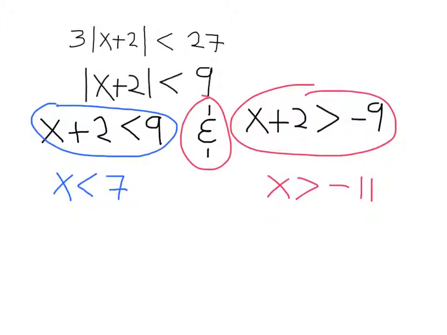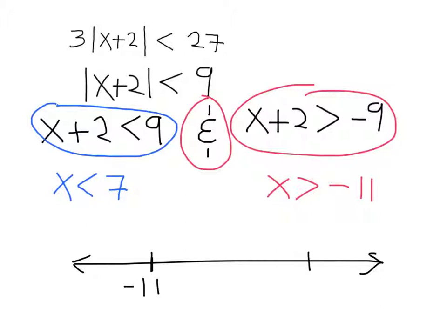In this case, it would be number line. Critical values of 7 and negative 11. Now, I didn't write it in perfect order, but we're going to start with the negative 11, and we'll keep it in red. It's a critical value of negative 11. And then we have the critical value of 7.